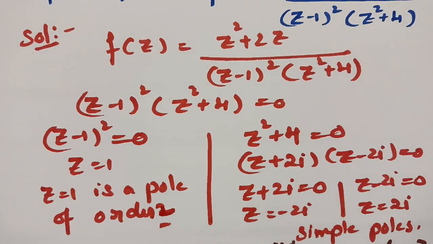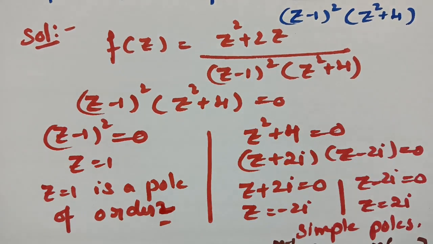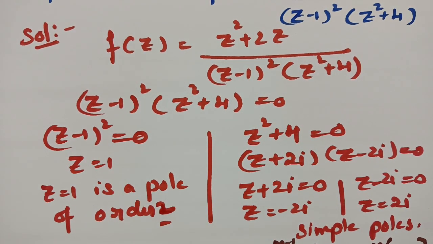So what is f(z) here? f(z) is nothing but (z square plus 2z) by (z minus 1) square into (z square plus 4). Clear?